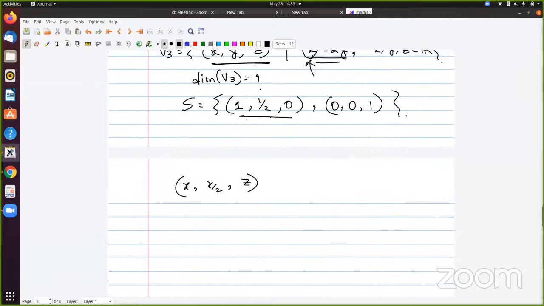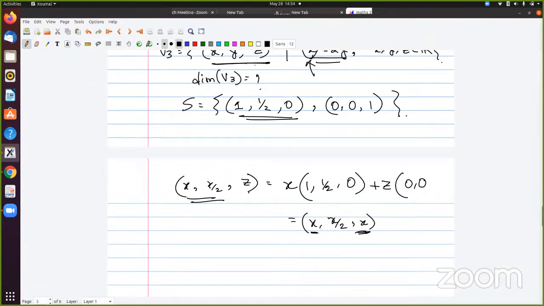If you take this element alone and just put X here, you are getting the first two components. For the third component, you still have to get it. Now, if we put 1 here, you will get just X by 2, X. It is always the same as this, but this is not the case. Z can be anything, right? So put 0 here, take Z as free, make it free.